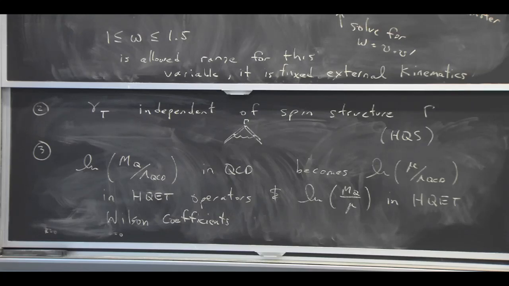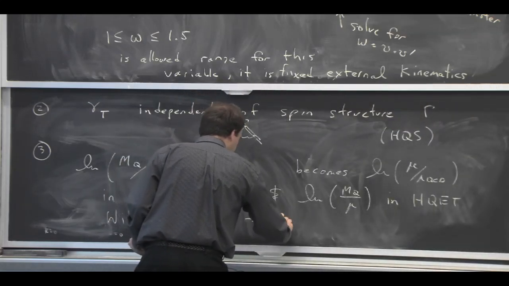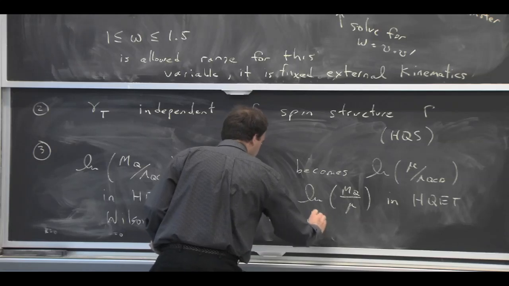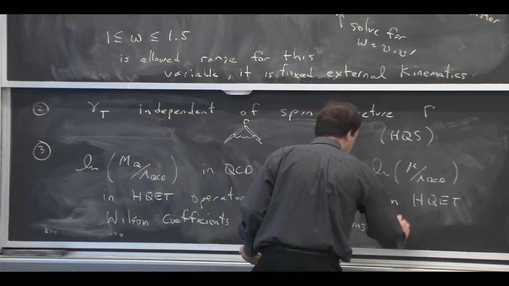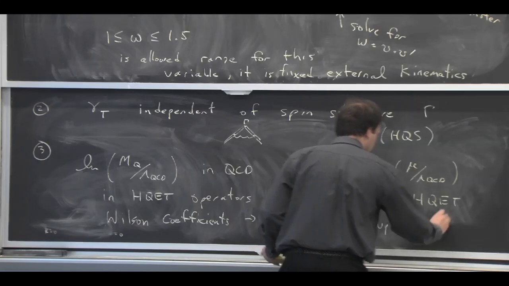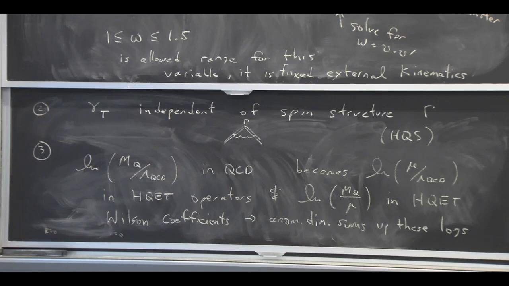And the anomalous dimension that we calculated sums up those logs, and summing up those logs involves a non-trivial function of this w. But we actually know exactly the non-trivial function because we can calculate it. And it's just this guy here.